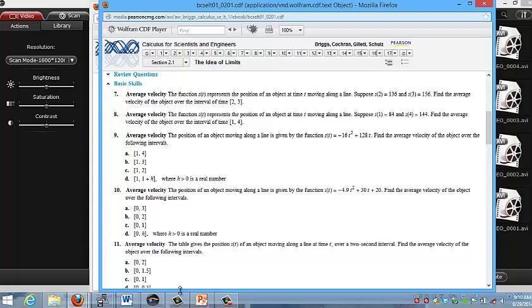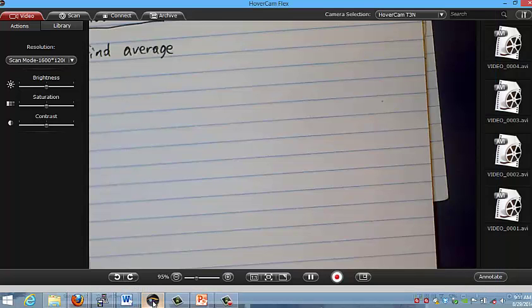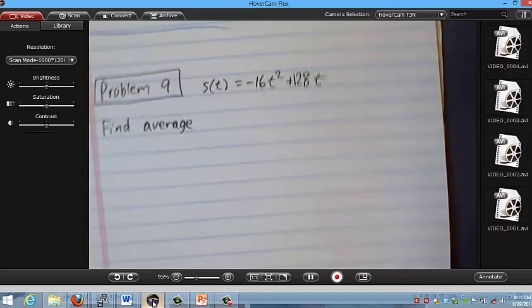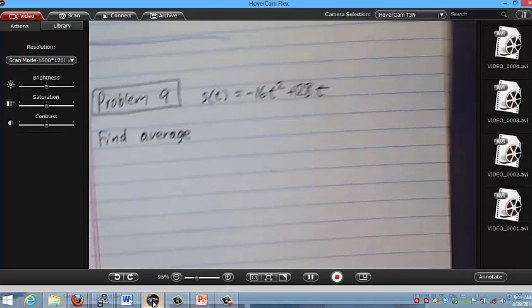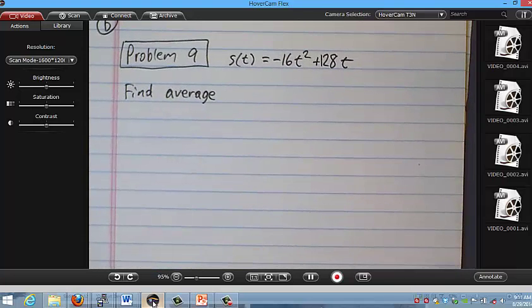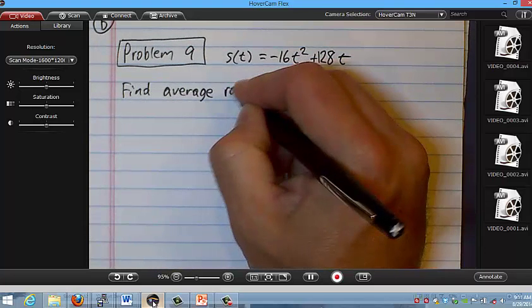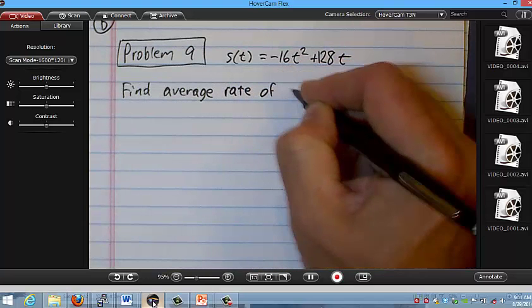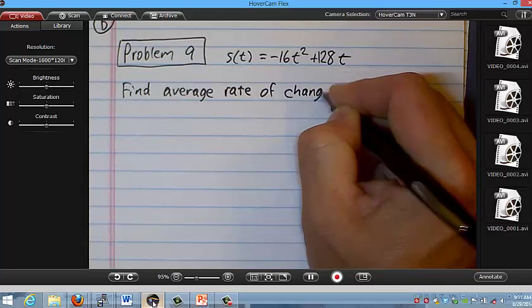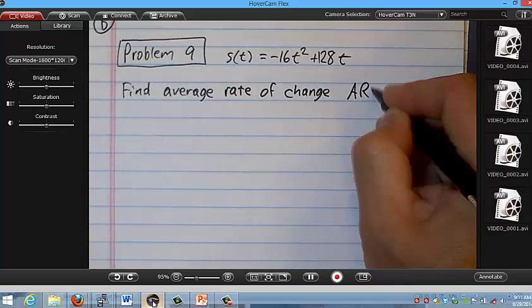Okay? And so they want me to find the average velocity. It's also called sometimes the average rate of change. So let me show you that. Here's my function. And what I'm supposed to find is sometimes called the average rate of change, or AROC for short.